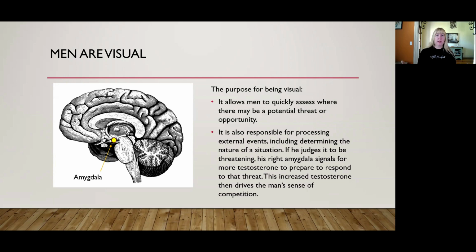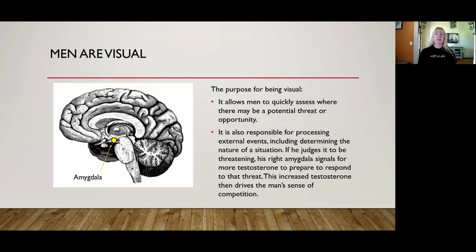Again, the individual person is going to vary in how competitive they feel or how easily triggered they are into a competitive state. But if you were to present a husband and wife in a threatening situation, this is what is happening inside of him in order to step up and protect his wife, protect his family, and respond to the threat.